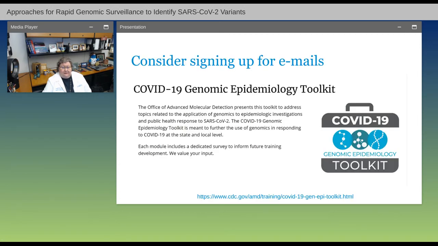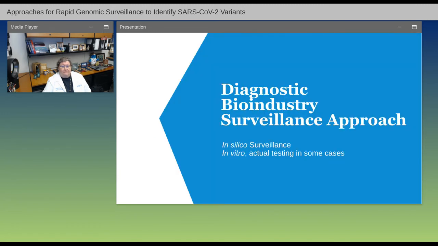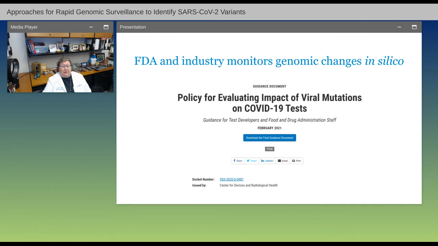And this is a CDC website that you can sign up for to get emails about the epidemiology of SARS-CoV-2 when they have new information. So what is the diagnostic and bioindustry surveillance approach? Actually, many companies and many laboratories do both in silico and in vitro.